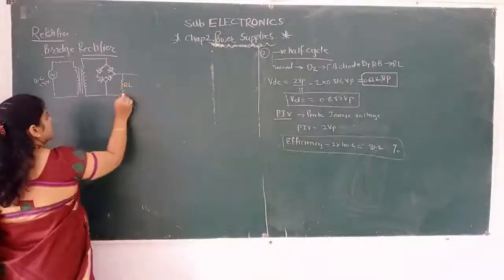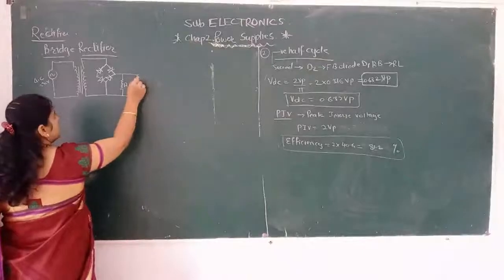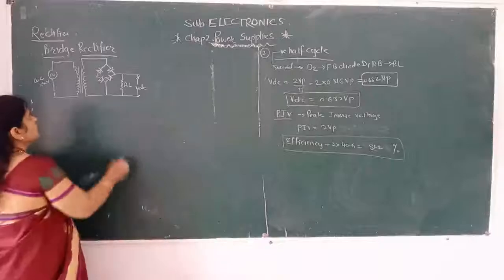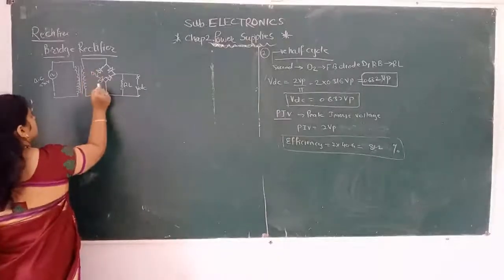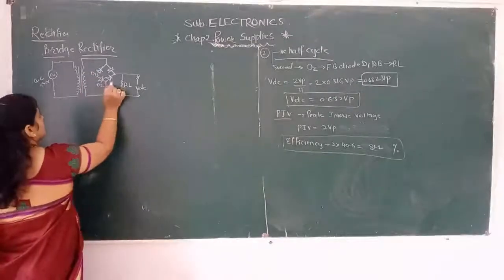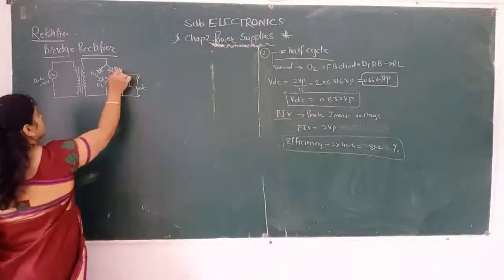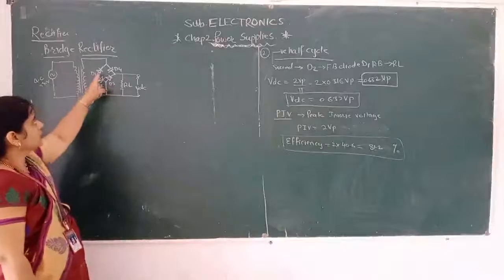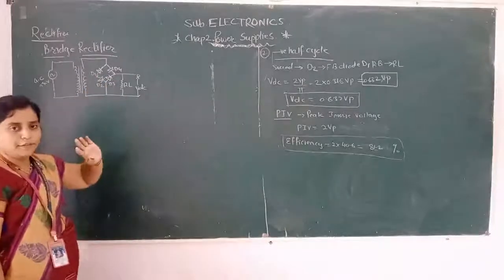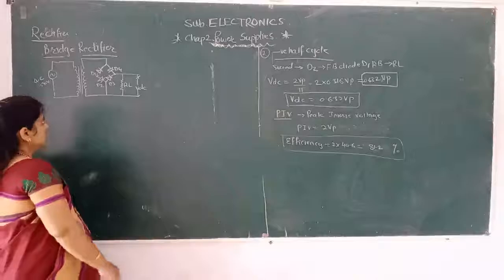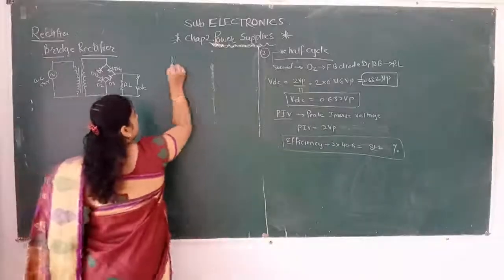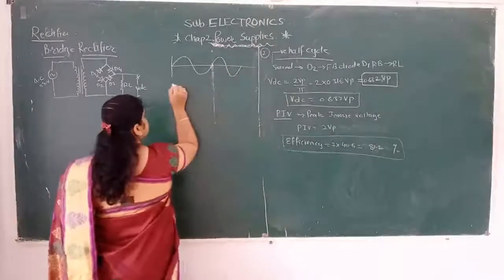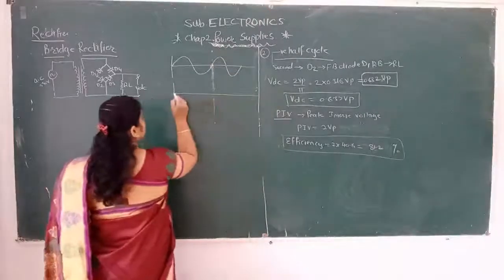This is RL and we are getting the output here, VDC. This is diode D1, this is D2, D3 and this D4. How many diodes are there? 4 diodes are there: D1, D2, D3 and D4.